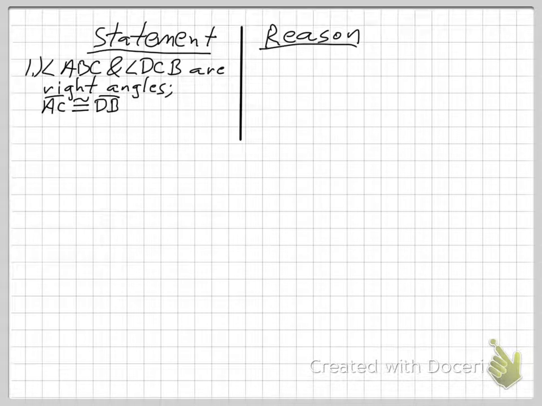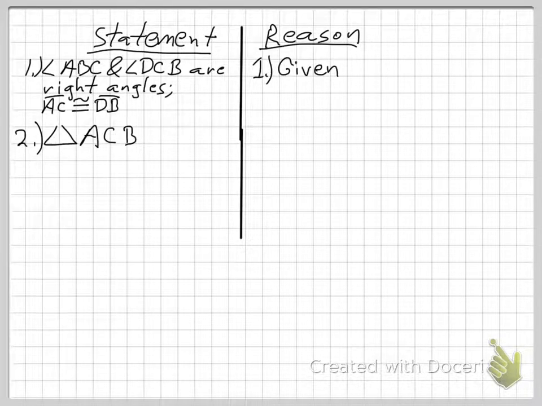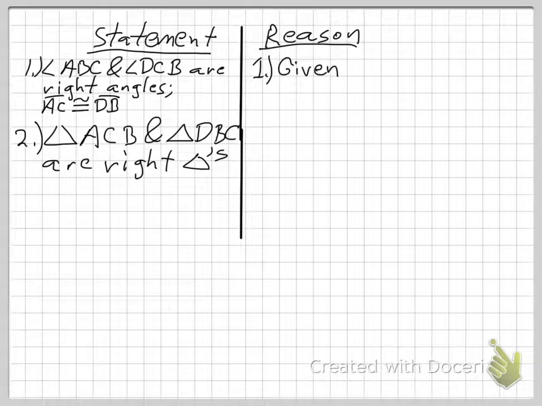So let's start off with the statement and reason. We have angle ABC and angle DCB are right angles, and AC is congruent to DB, given. Step 2, triangle ACB and triangle DBC are right triangles.